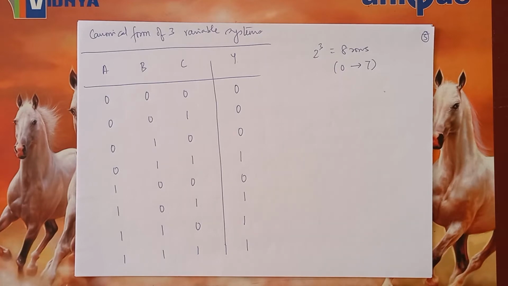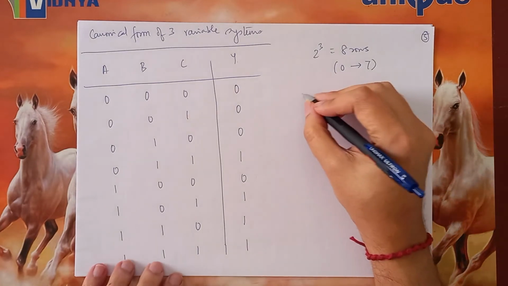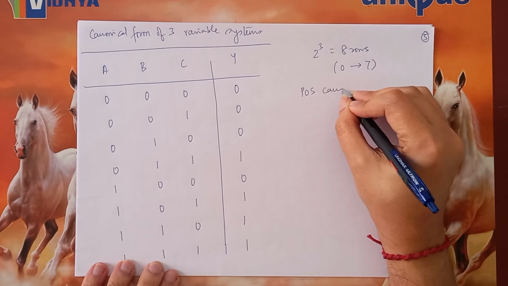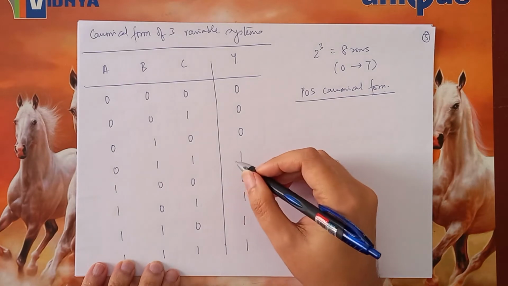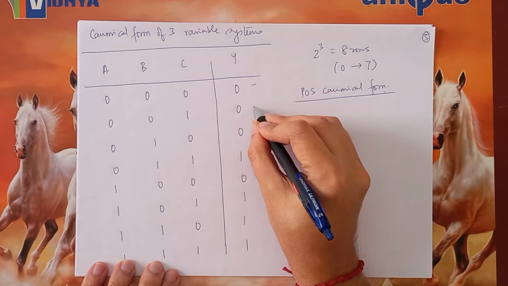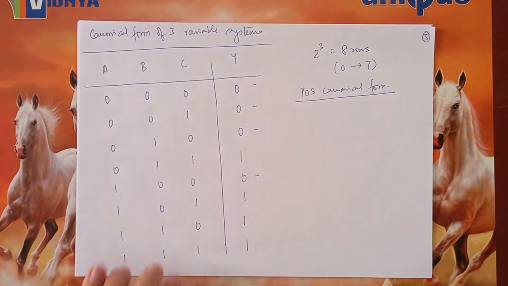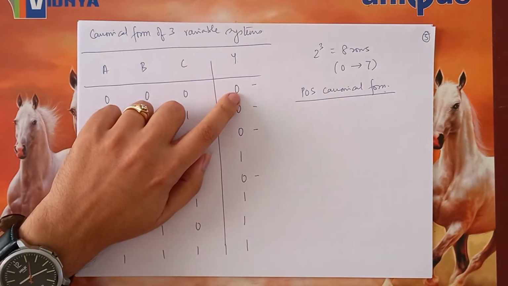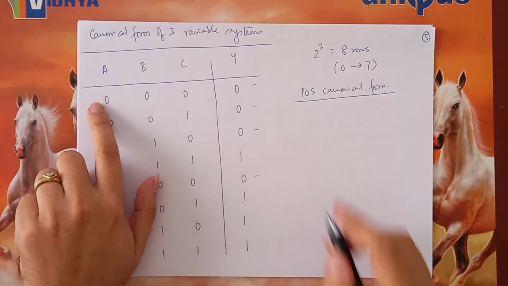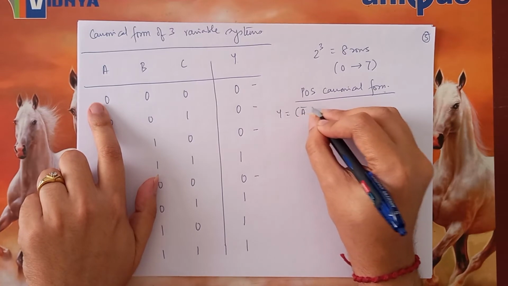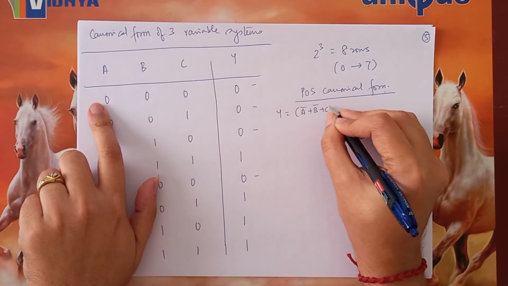Now suppose we want to write this in the POS canonical form. Then what do we do? We hunt for zeros. This is a 0, this is a 0, this is a 0, this is a 0. So we found 4 rows where you will see a 0, and each of those rows corresponds to a sum term. So the first term will be A bar plus B bar plus C bar.